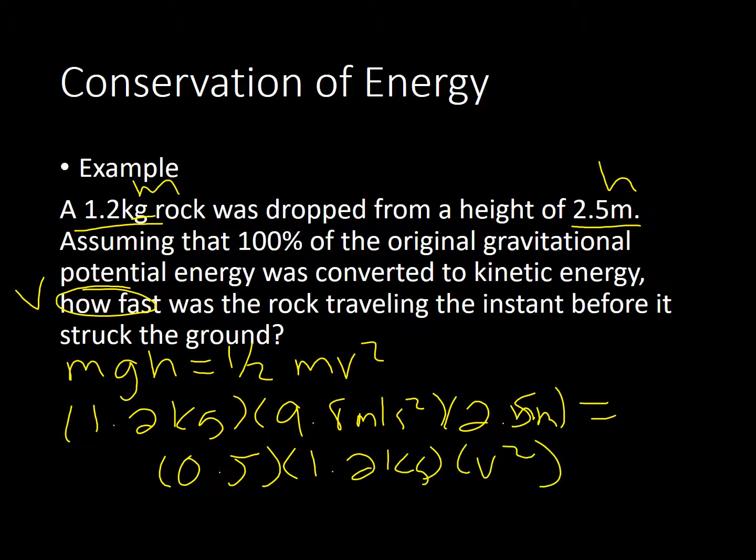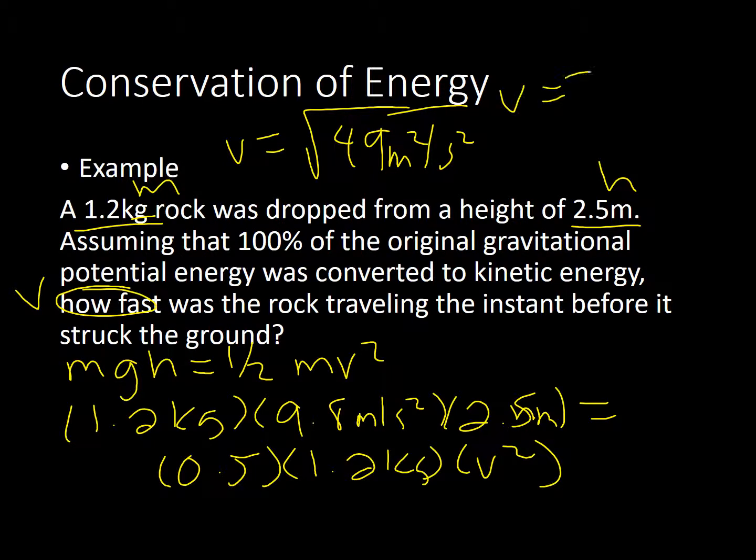And v is what I'm solving for. If I plug all of this into the calculator, I end up with v equals the square root of 49 meters squared per second squared. So my v is equal to 7 meters per second.